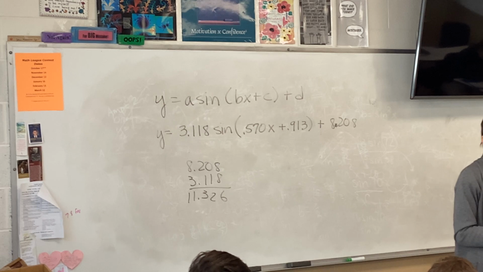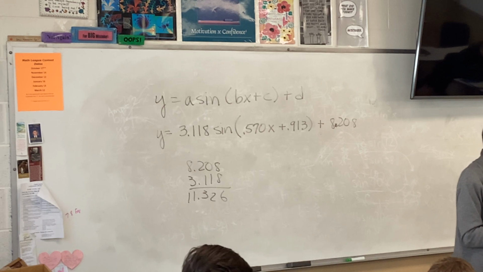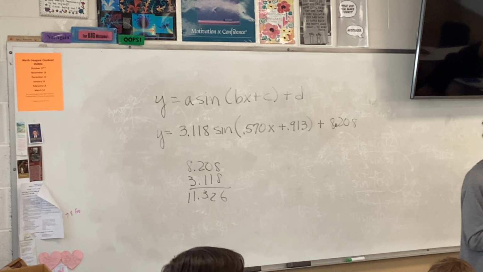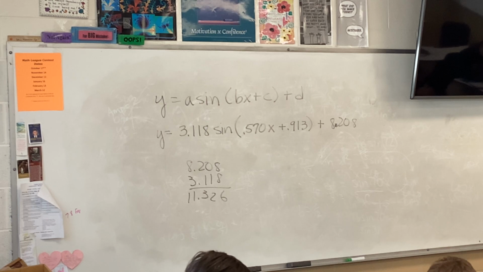And how do we find period? 2 pi divided by b, and in our problem, b is pi over 4. So 2 pi divided by pi over 4 is what? 8? So how long does it take? 8 minutes.